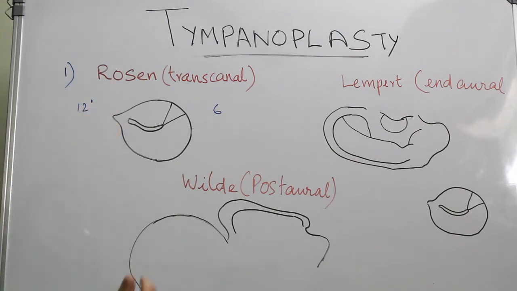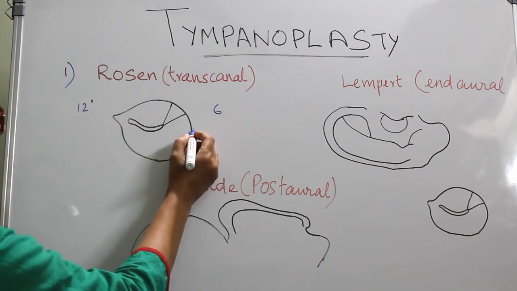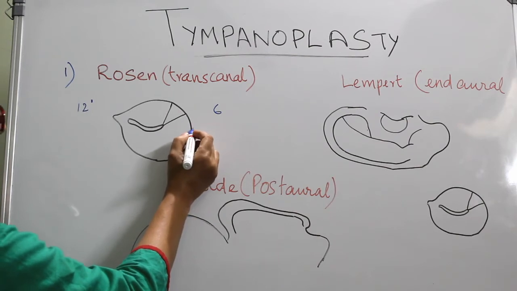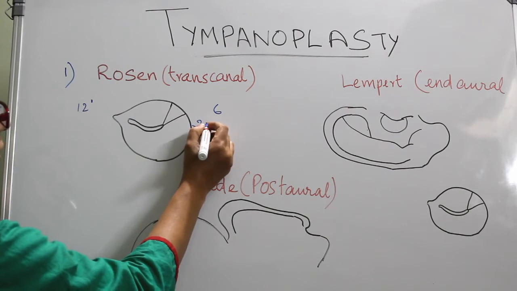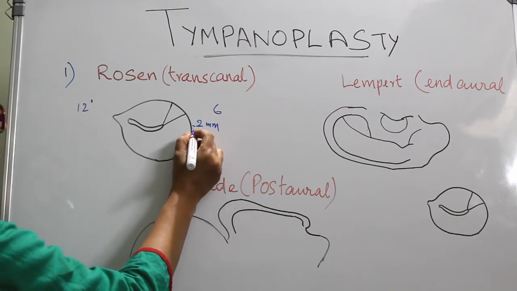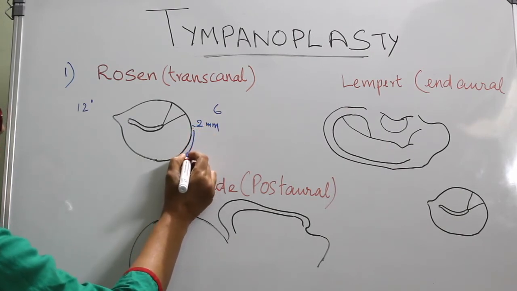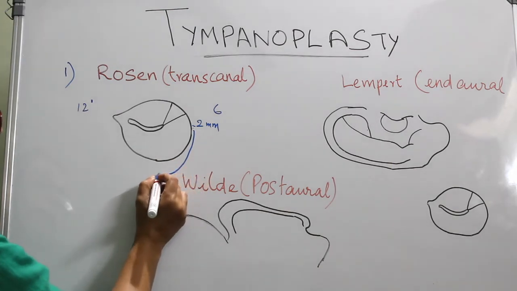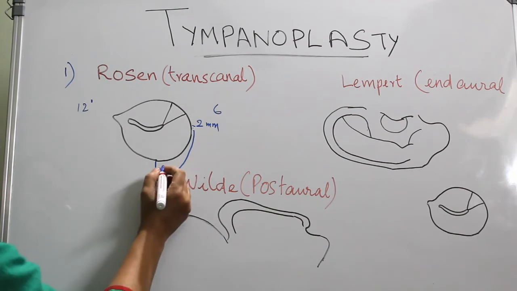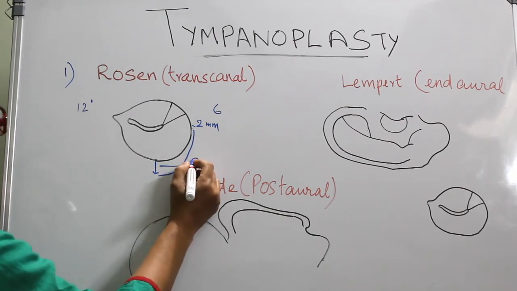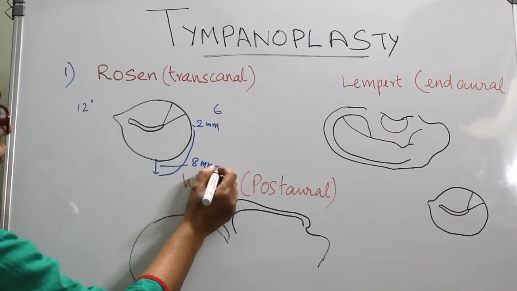So the Rosen's incision starts from the 6 o'clock position, around 2 millimeters from the annulus, and then it curves, and when it reaches this part, at the 9 o'clock position, it is around 8 millimeters to 1 centimeter.